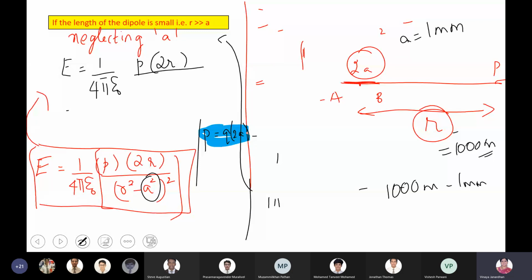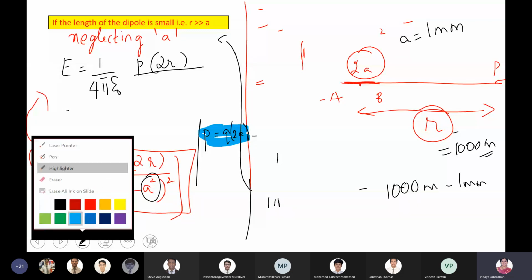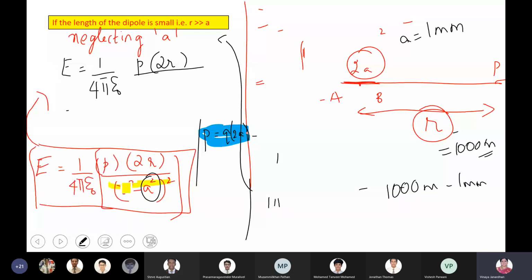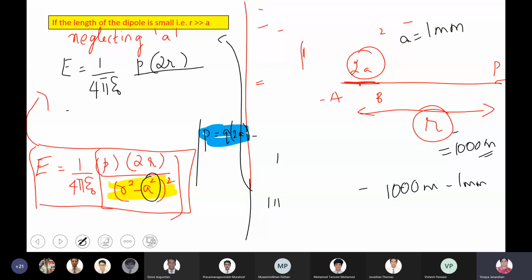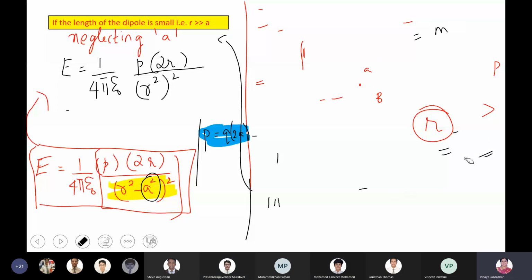You're neglecting A in your denominator. So then what happens? R squared, the whole square. Is that correct, boys? Yes. So what will you get?